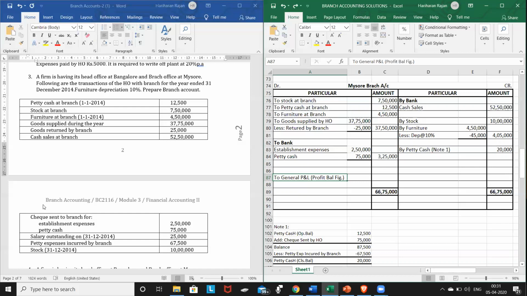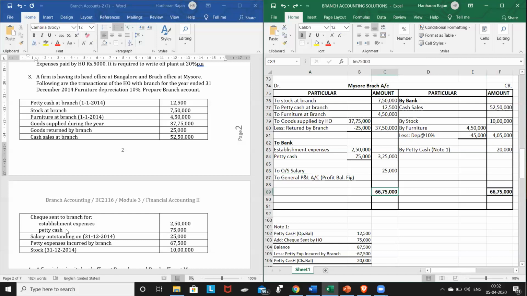Okay, I have missed salary outstanding. Remove the balance, because again it will change. Salary outstanding is just 25,000. So again the highest amount will be on the credit side. Let's post 25,000. Again you will get the profit and loss account.